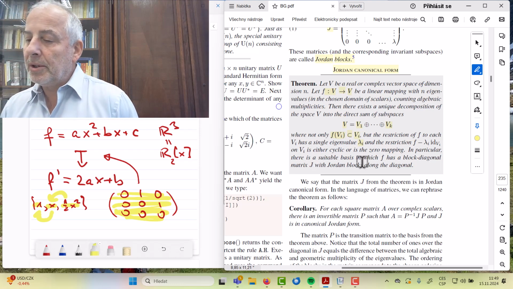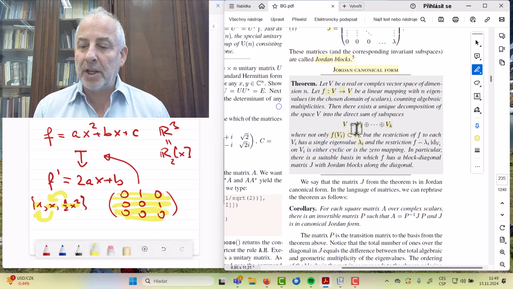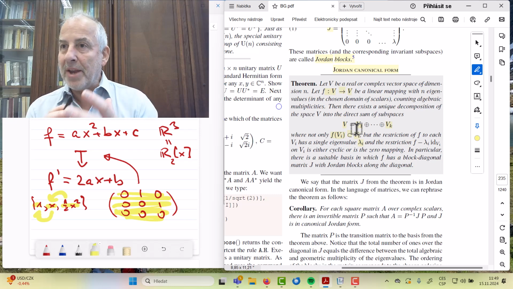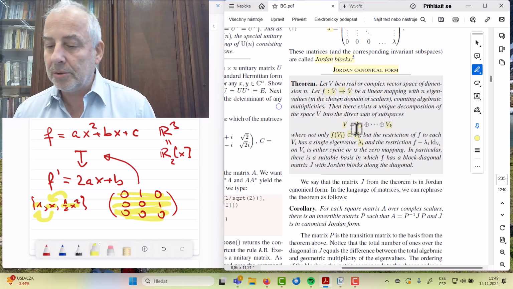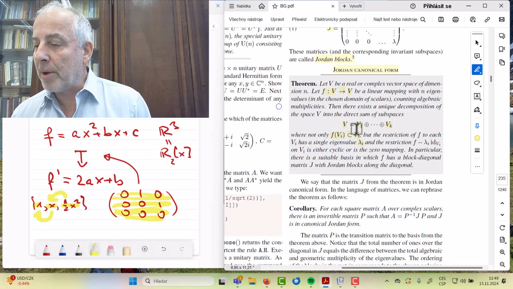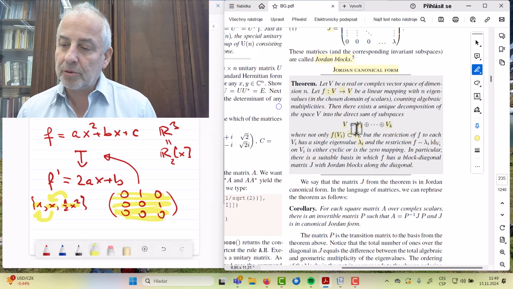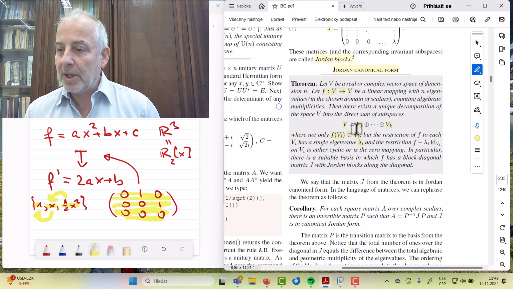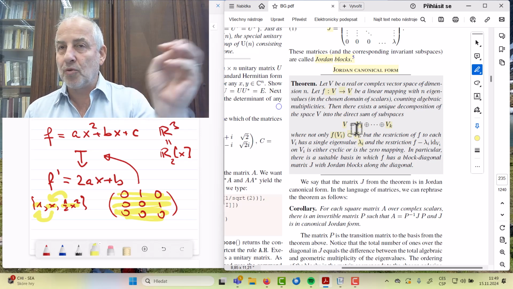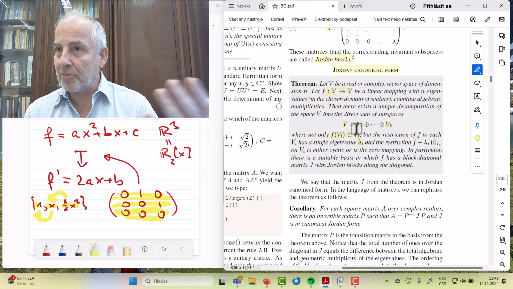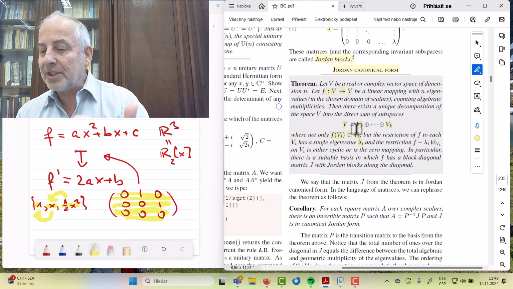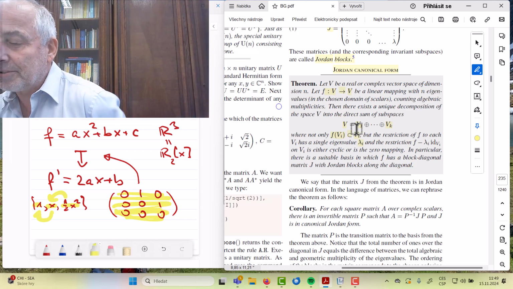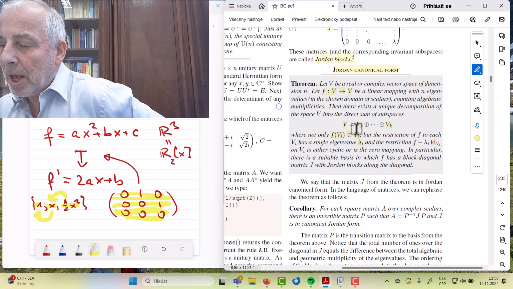Each of them is either a cyclic mapping, so its matrix would be a Jordan block, or it's a 0 mapping, right? Of course we also allow small blocks. A Jordan block of size 1 by 1 is a 0 mapping, so a 0 mapping consists of several such trivial Jordan blocks. So either cyclic or 0, right?